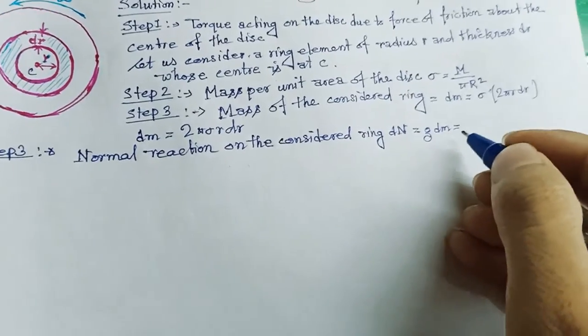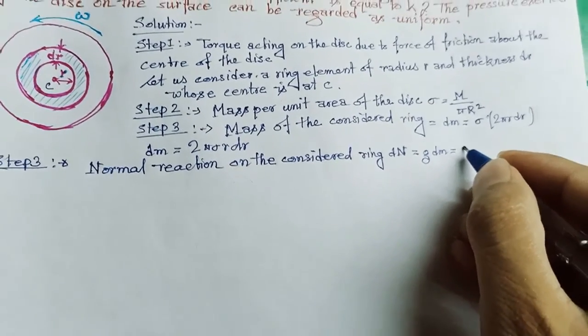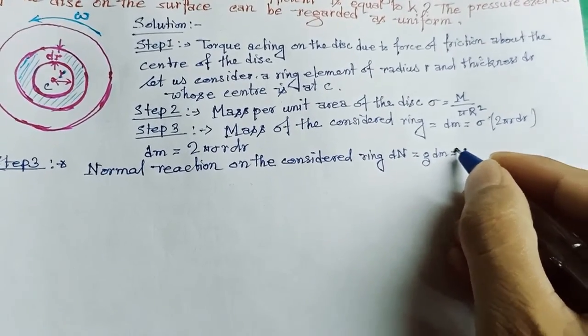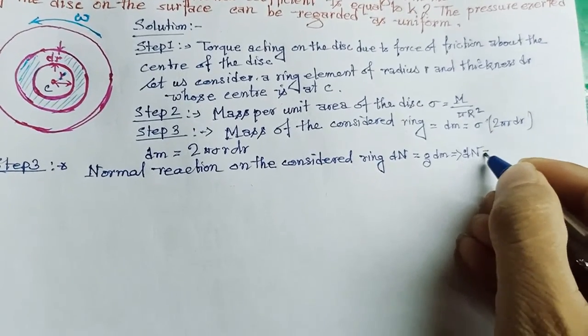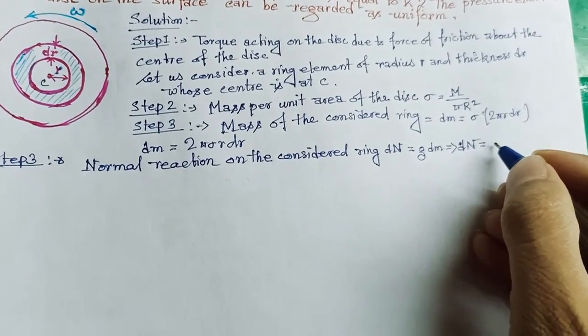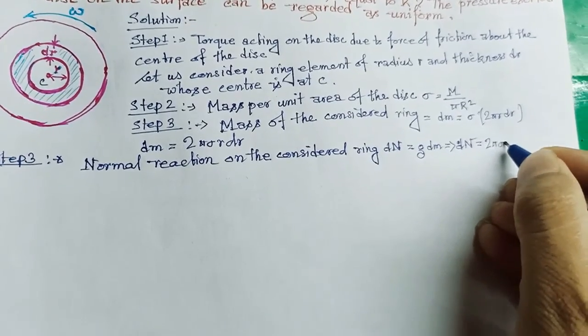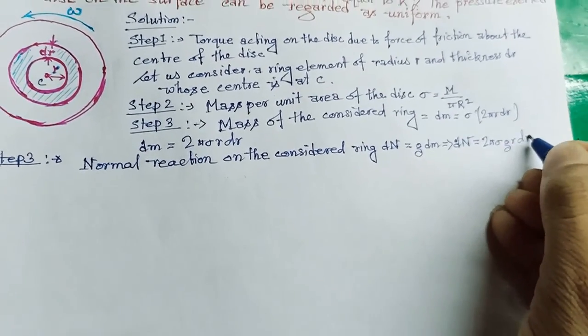If we substitute its value, then dN will be equal to 2 pi sigma g r dr.